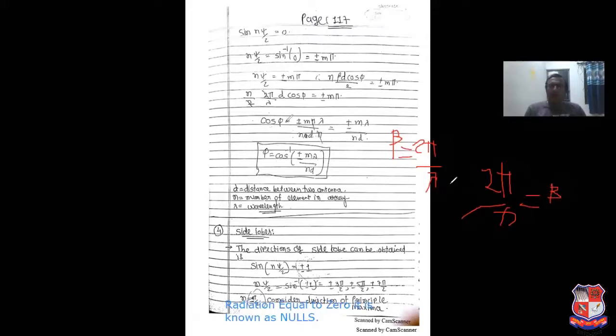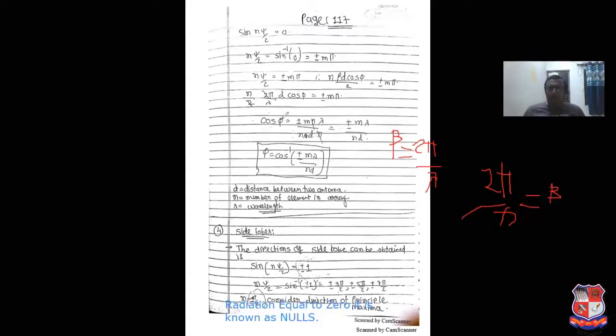So here we can say 2 pi by lambda. The 2 cancels, and n d cos phi divided by lambda, pi cancels. So we can say plus or minus m lambda upon n d is the cos phi.